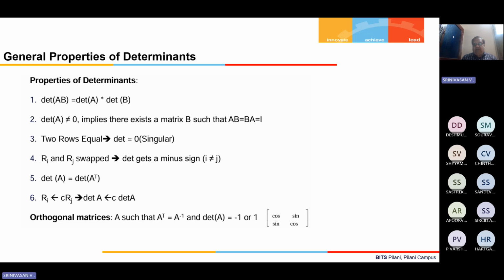Formula minus 1 into its minor. 3 into 10, 30. Minus 5 into 6, 30. So you get 0. Then formula plus, you have -4. So plus of -4 is -4.